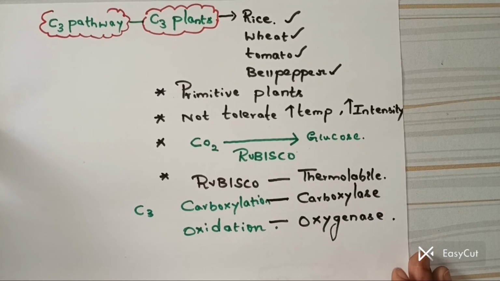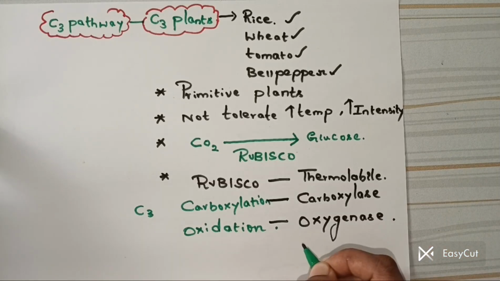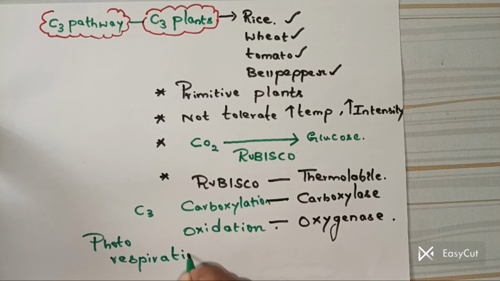That oxidation, not cellular respiration, is going to be the failure of the C3 pathway at high temperature. I'll teach you, don't worry. The oxidation is also called photorespiration. I think you are understanding now. I will call this one photorespiration.